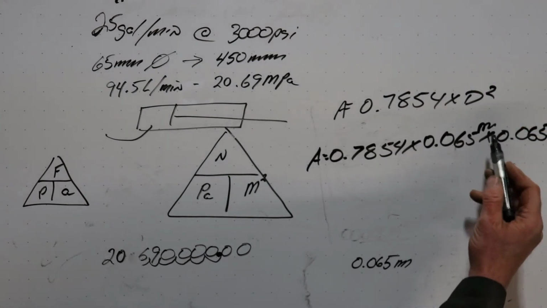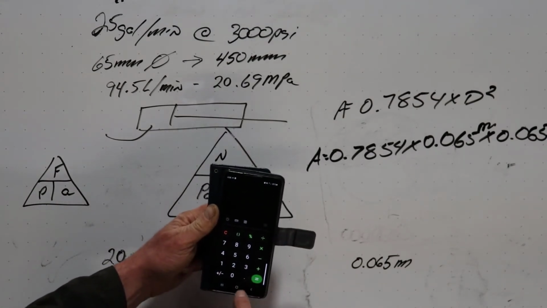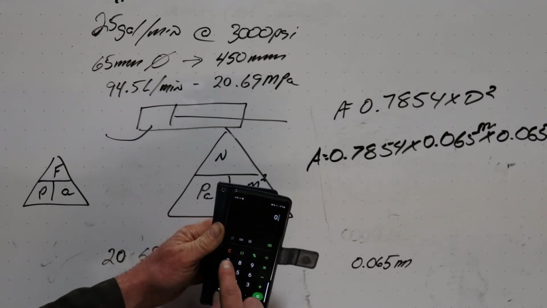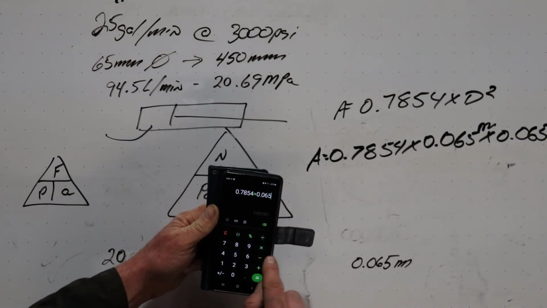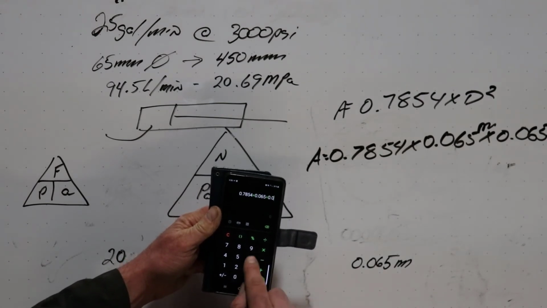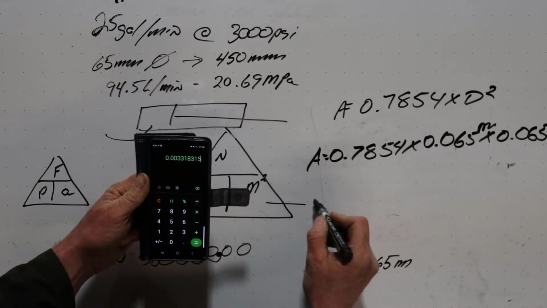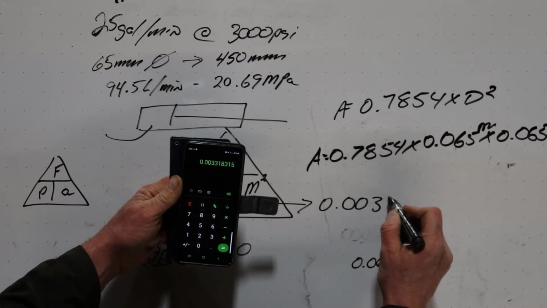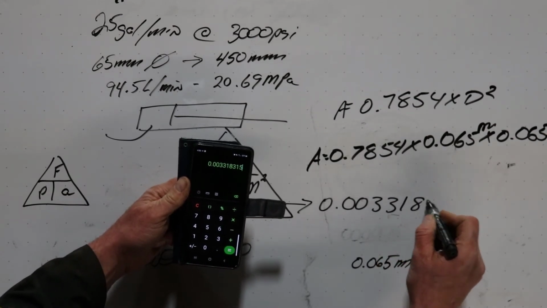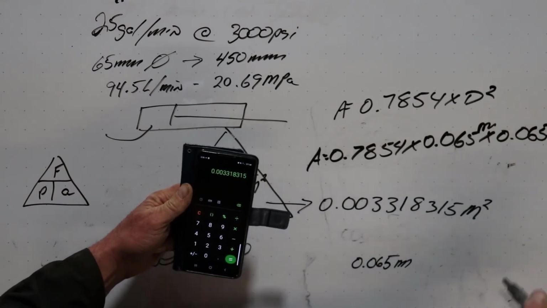So meters times meters, we're going to end up in meters squared, which is exactly what we're after. 0.7854 times 0.065 times 0.065 equals this here, 0.003318315 meters squared.